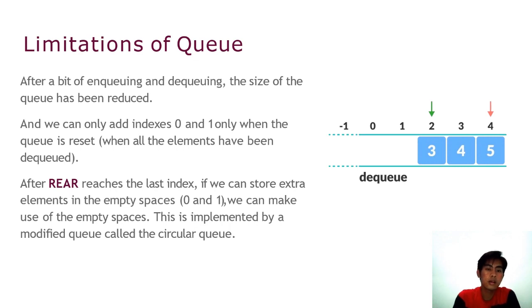After rear reaches the last index, if we can store extra elements in the empty space at 0 and 1, we can make use of the empty space. This is implemented by a modified queue called the circular queue. You can see the picture of the queue here.